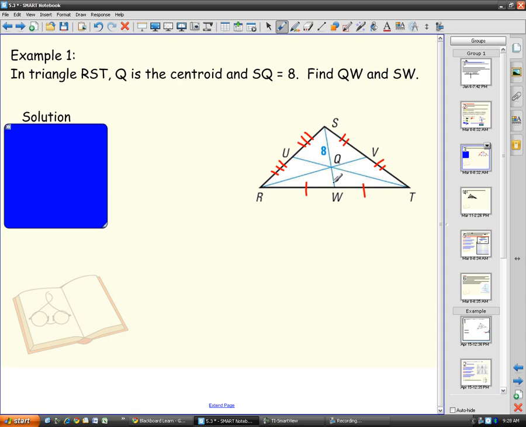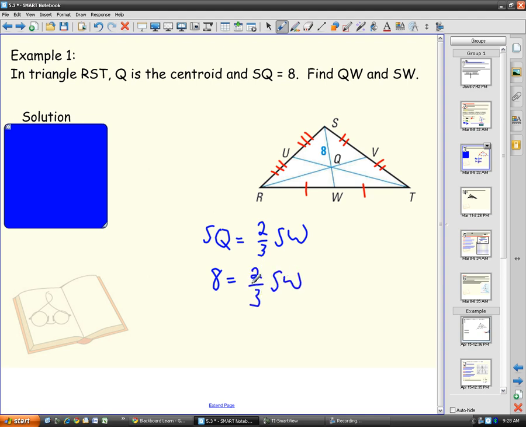The first thing I'm going to do is find SW, because I know from the previous property that SQ is equal to 2/3 of SW. I know SQ is 8, so 8 equals 2/3 SW, and now I solve it algebraically.